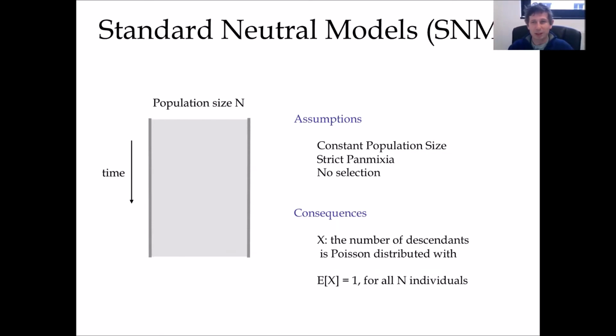It's a strict panmixia, and there is no selection, right? One of the consequences of that is the number of descendants of each individual is a random variable with a mean of one, and it's Poisson distributed. Everyone has the same chance at every generation to leave descendants, right? You can have a haploid version, a diploid version with the sexes, and it doesn't really change the major conclusions.